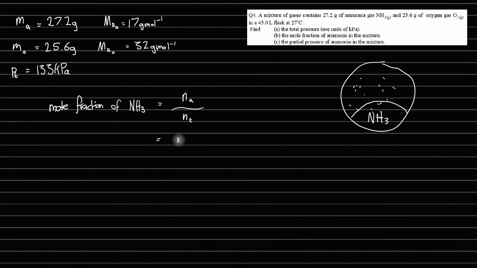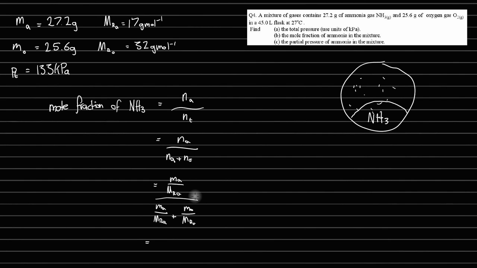Well, what is the number of moles total? We did already show this in part A, but then we'd have the number of moles of ammonia divided by the number of moles of ammonia plus the number of moles of oxygen, as those are the only gases in the system. We also worked this out earlier, that the number of moles of ammonia would be the mass of ammonia divided by the molar mass of ammonia, as number of moles is mass over molar mass, so we could say that then the mass of ammonia over the molar mass of ammonia, then all divided by mass of ammonia divided by the molar mass of ammonia plus mass of oxygen over the molar mass of oxygen.